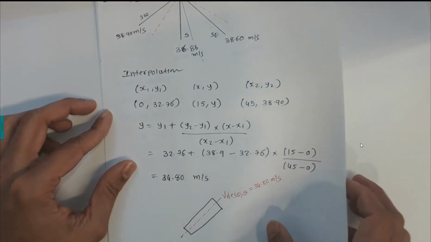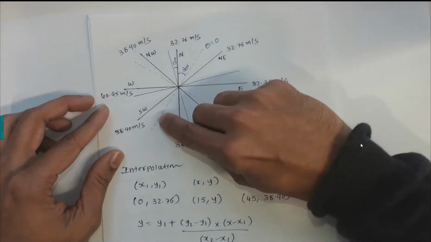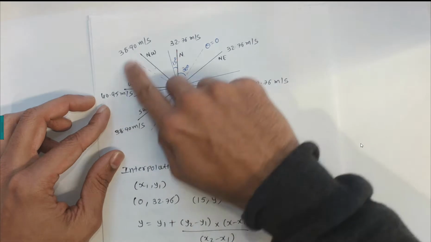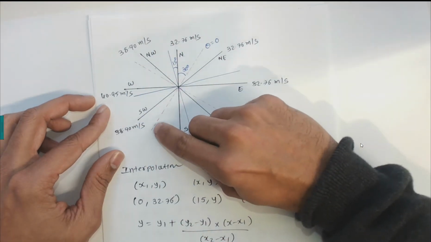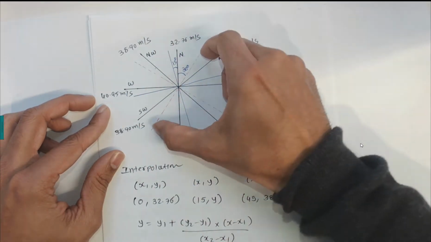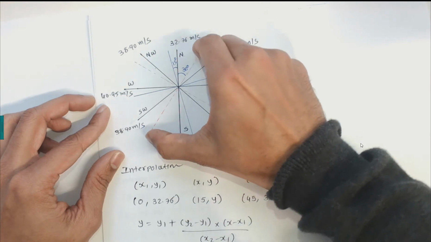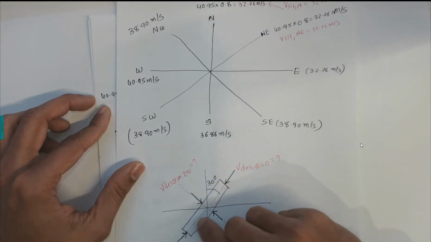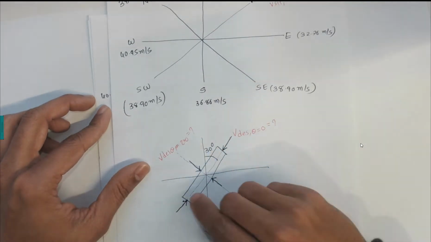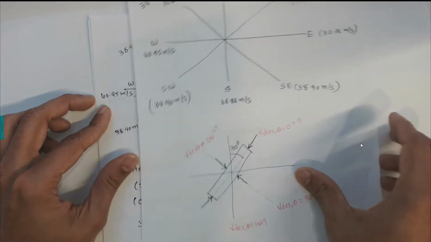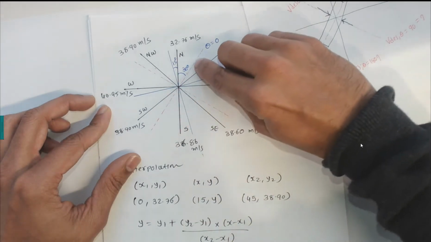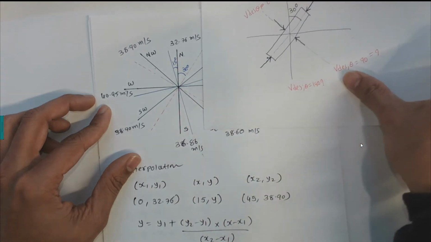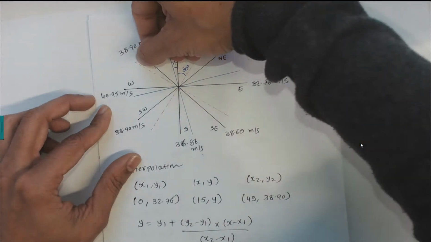What I have done here is put this black line that we just found. This red dotted line is just the orientation of the building. This line, 30 degrees to the north, is drawn here, and perpendicular to it we draw this one, which is the orthogonal direction.